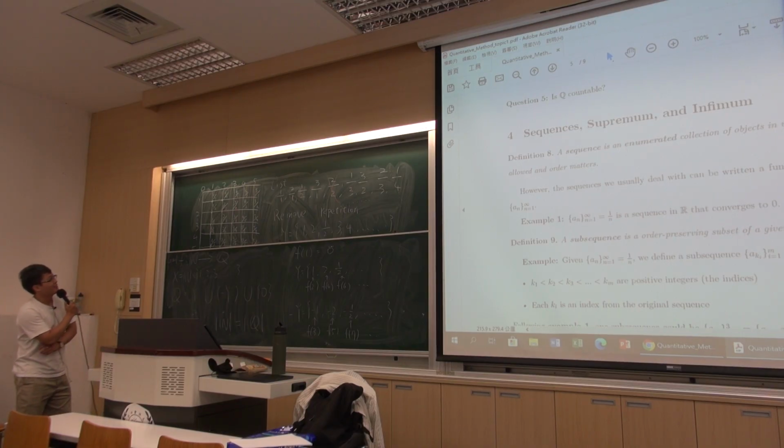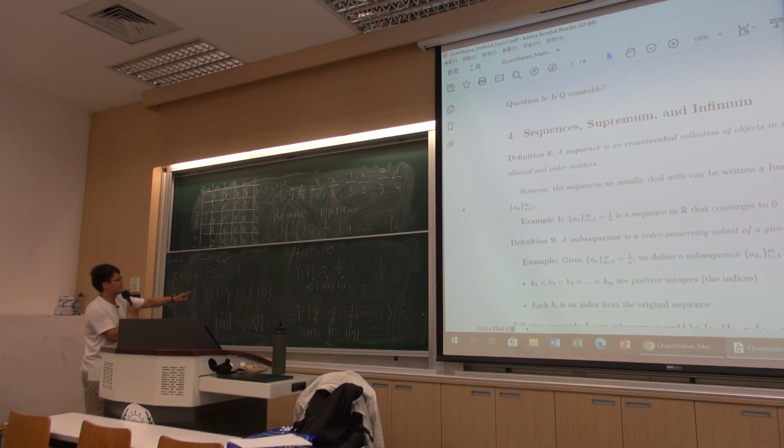So I think the reason is that you have to have the list of rational numbers first, because we want to assign the function from the natural numbers to the rational numbers, right? And if you construct your list randomly, for example, let me ask this question, how many rational numbers are between 0 and 1?